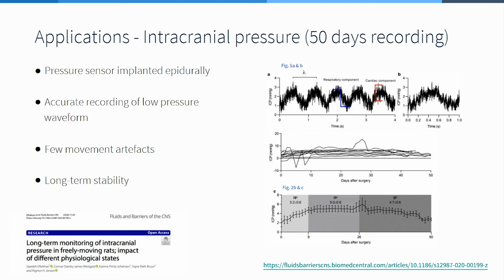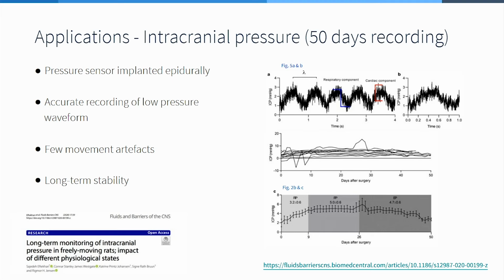And what's nice about this study is that they were able to carry out the experiment in different phases. They had the recovery phase, where they were looking at how ICP changed immediately post-surgery, and they show that it takes about 9 to 10 days for ICP to stabilize after surgery.